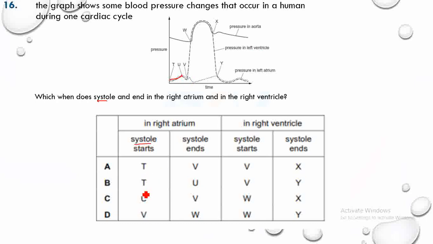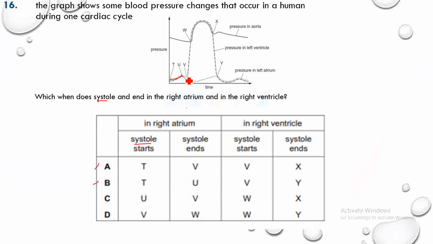Normally it's supposed to be T to U. We're looking at systole, which is an increase in pressure, but of course we can extend it to V, because from T to V the pressure in the left atrium, this small dotted line, is greater than the pressure in the left ventricle.